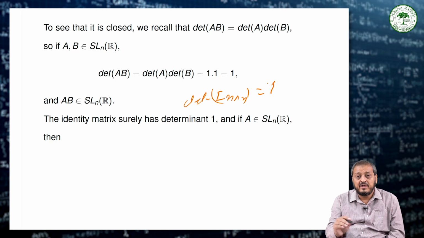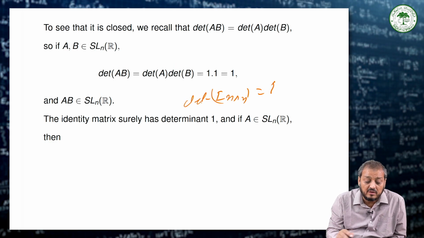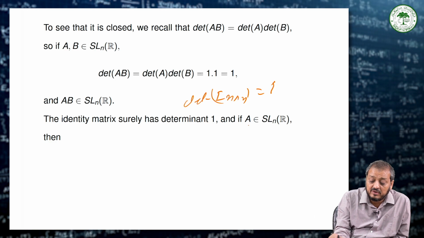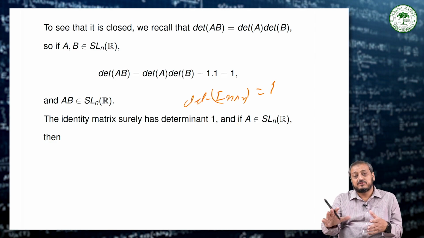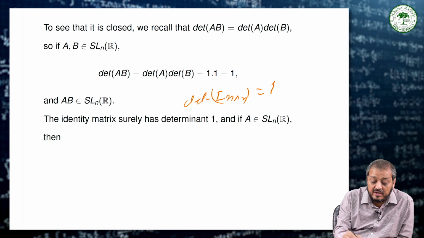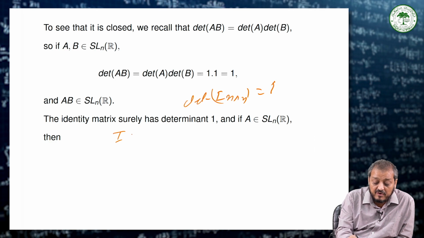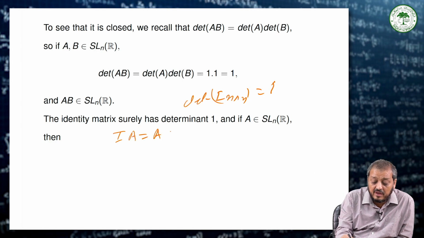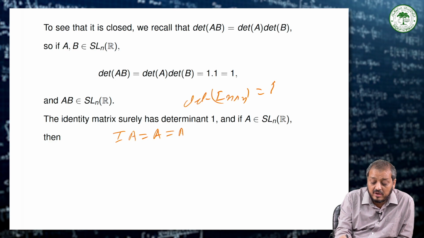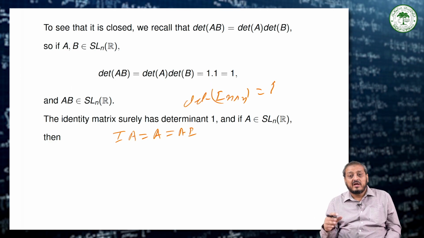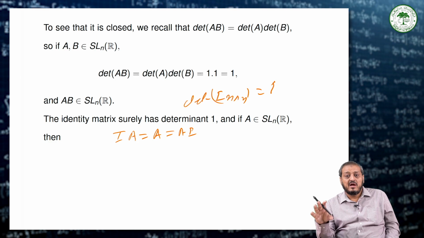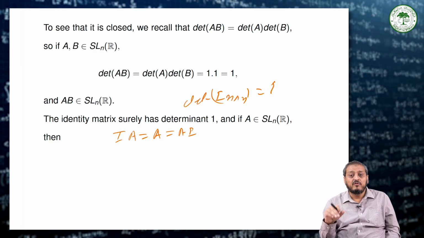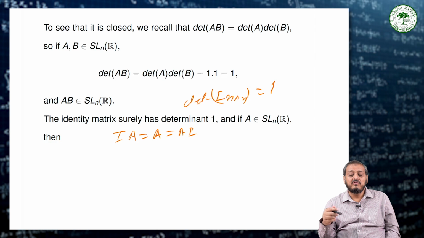So the determinant of the identity matrix is always 1, which means the identity is present. If we multiply any A by the identity, we get A, and again A times the identity gives A, so the identity matrix works as the identity element. Now we have to find the inverse of A.